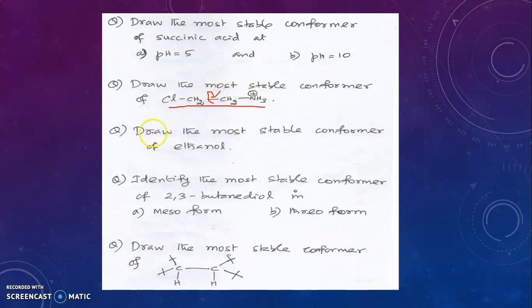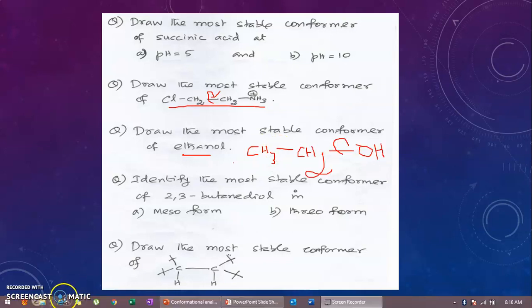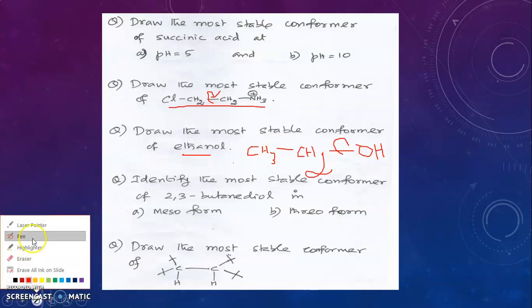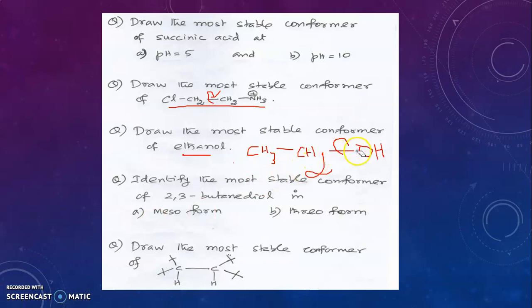What's the next question? Draw the most stable conformer of ethanol. In ethanol we have one carbon-carbon single bond, CH3. In ethanol, the conformation actually depends upon the rotation about the carbon-oxygen single bond.